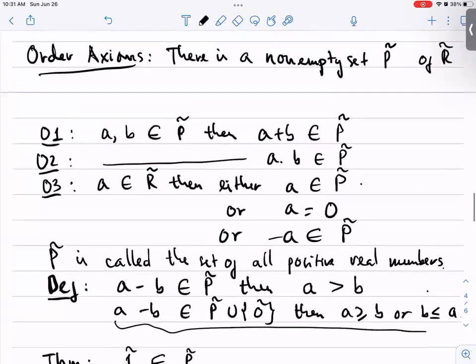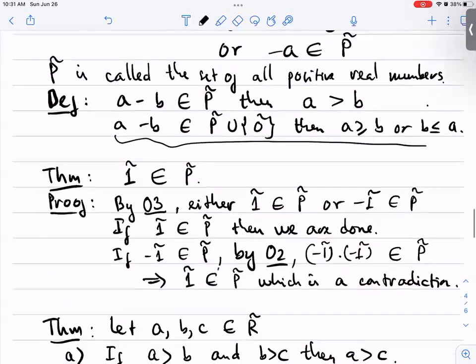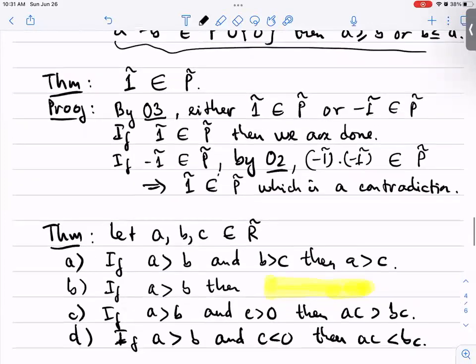By the second statement, the multiplication of two elements inside the set P gives another element inside the set P. So the product must belong to the set of positive numbers.